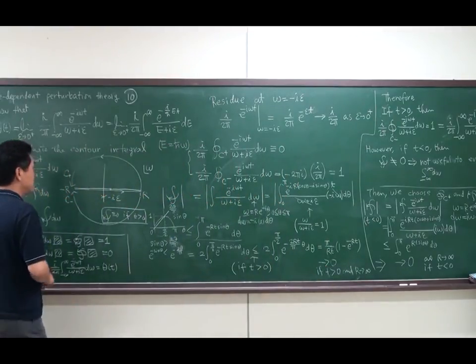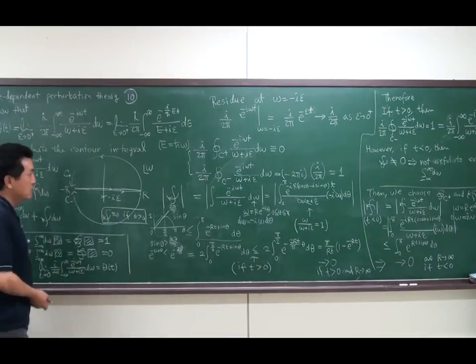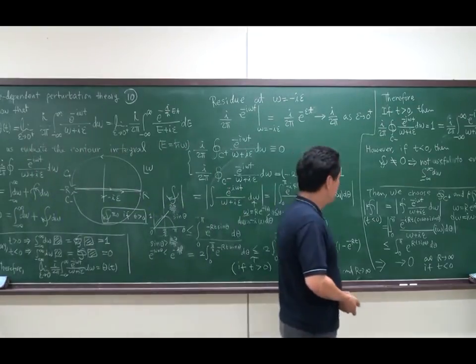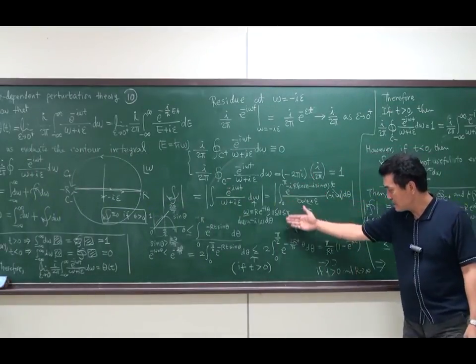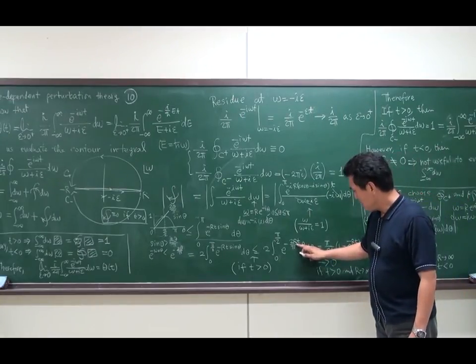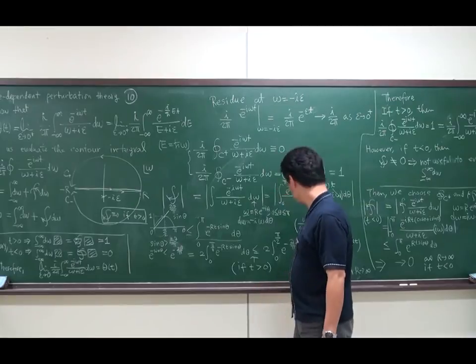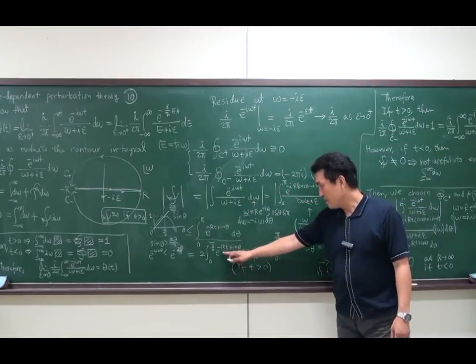So why don't we choose the upper half plane in case t is negative? When t is negative, we can make use of exactly the same method, and we will find that this becomes r t sine theta instead of minus r t sine theta.